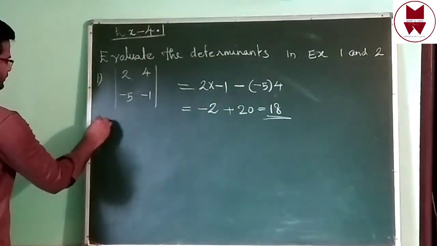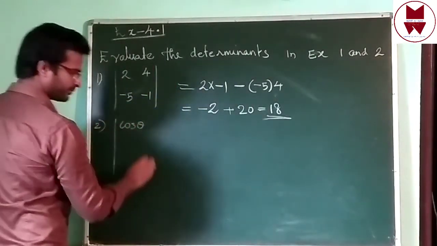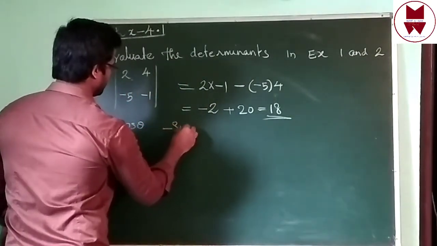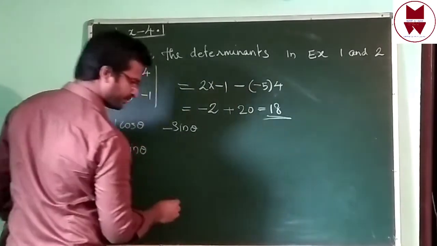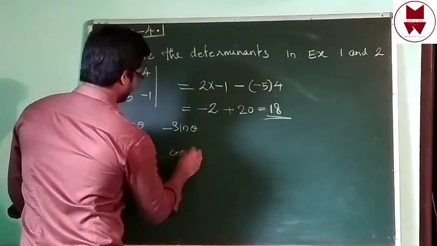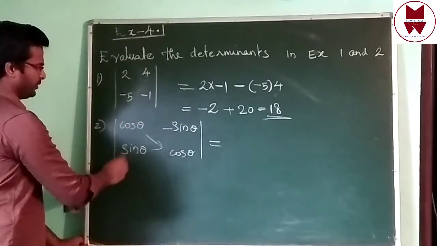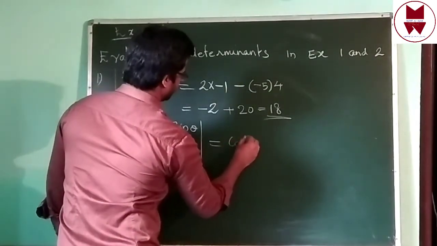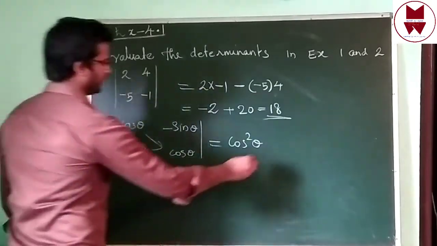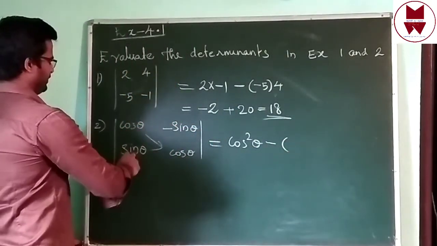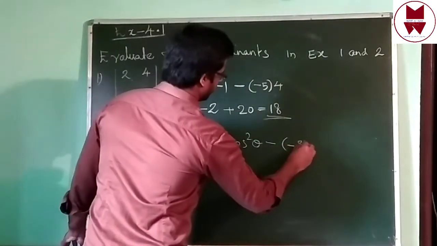Then question number 2. Check it. Cos theta, minus sin theta, sin theta, cos theta. Let's cross multiply. Cos into cos, directly we can write cos square theta. Then minus, sin into sin, minus again minus is there.